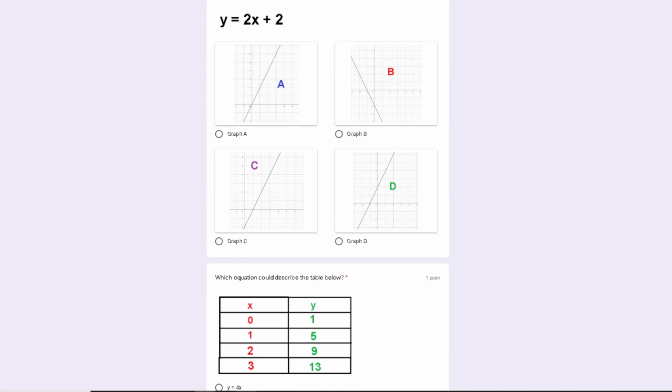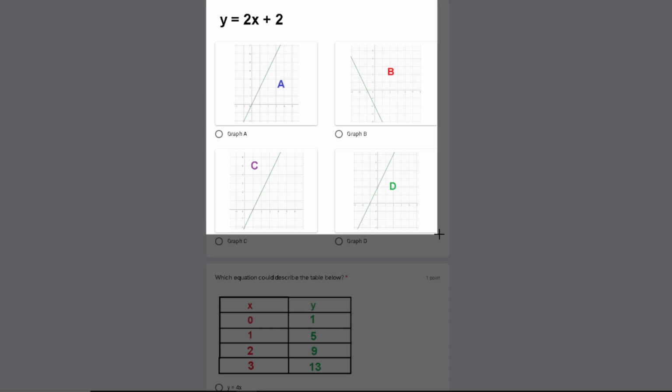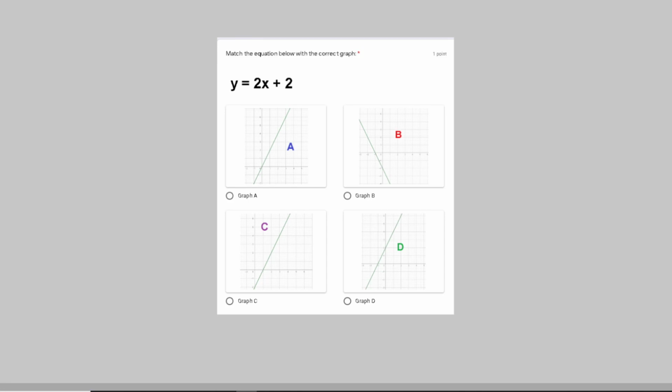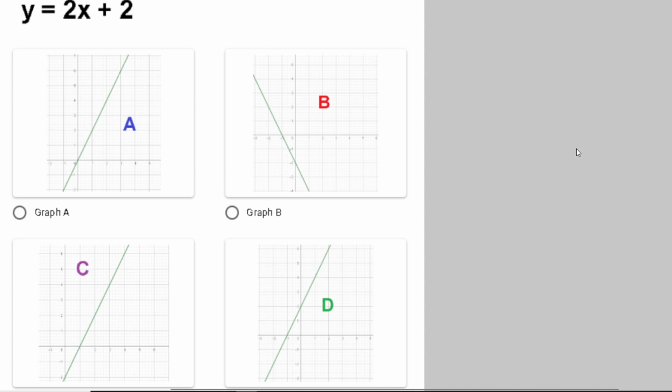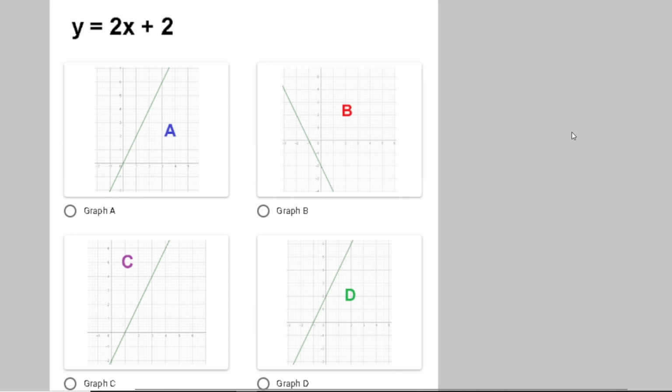Okay, let's get into the last couple of questions. Match the equation with the correct graph. We have y is equal to 2x plus 2. Really, all you need to do to solve this is, sorry if the graphs are a little small, let's see if I can zoom in here. Okay, that should work. There's a y-intercept here, and that's the clue for this one. The y-intercept is 2.